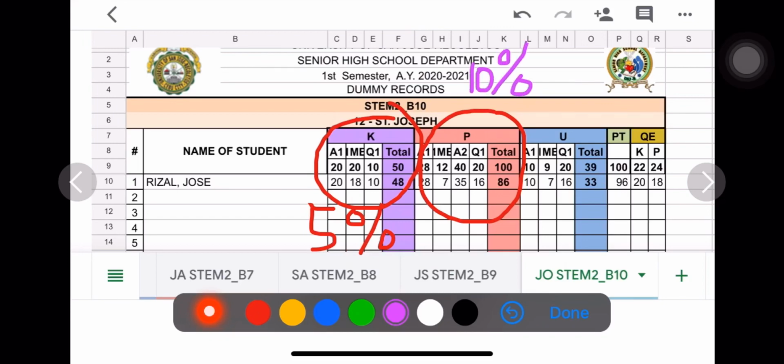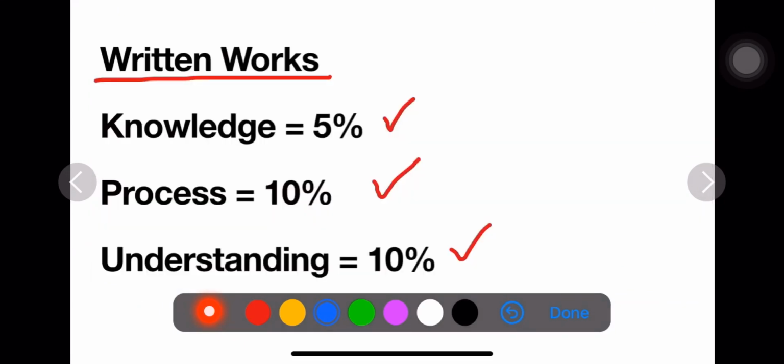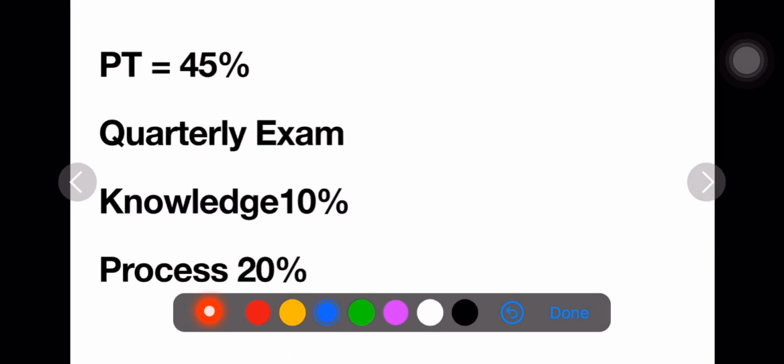And for the understanding, this is 10% of your grade. Okay? So since that is how you are graded according to DepEd.